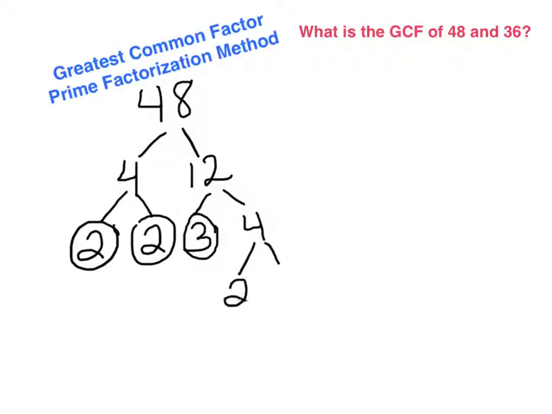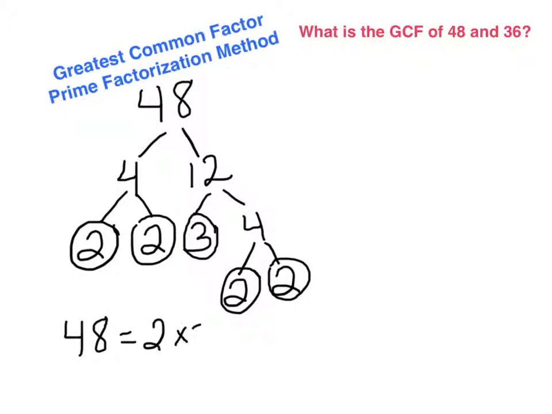Can divide 4 into 2 and 2. So the prime factorization for 48 is 2 times 2 times 3 times 2 times 2.